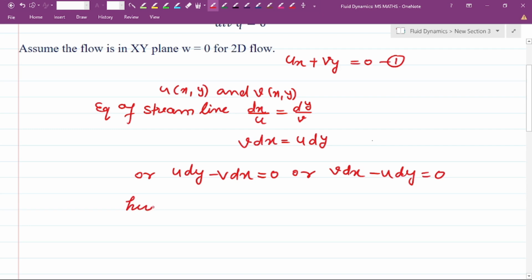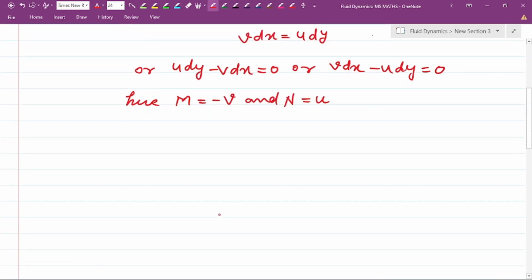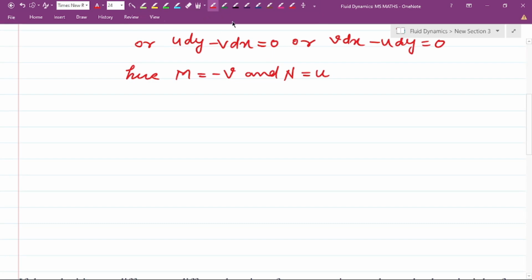Here, if M is equals to minus v and N is equals to u, we can check whether it is exact or not. The condition of exactness is that the partial derivative dou M by dou y is equals to dou N by dou x.